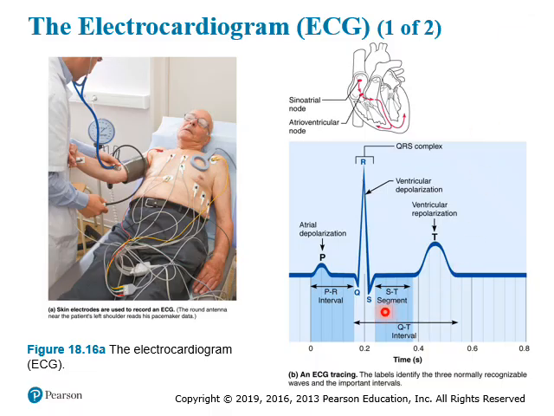And then your ST segment. The ST segment is when the entire ventricular myocardium has already been depolarized. The QT interval is from the beginning of ventricular depolarization through ventricular repolarization.